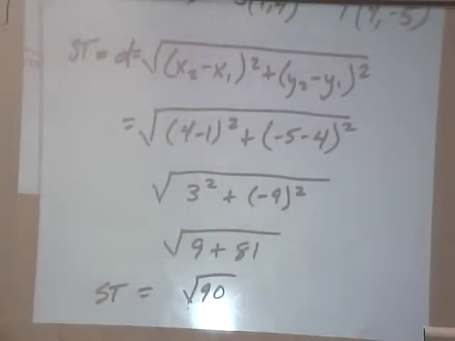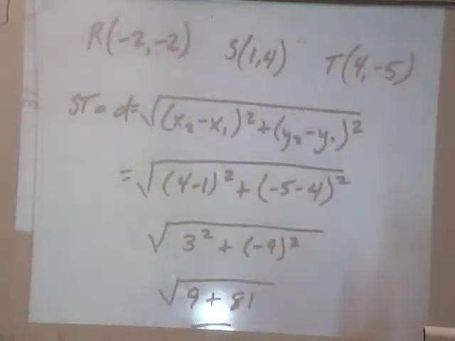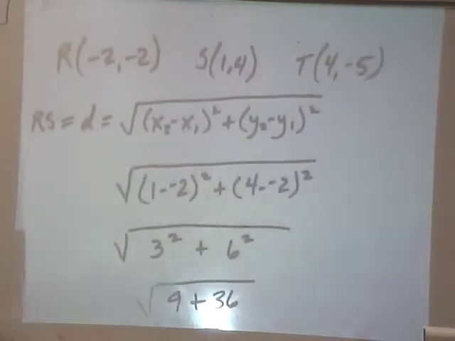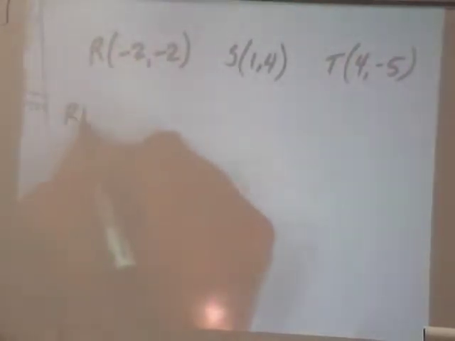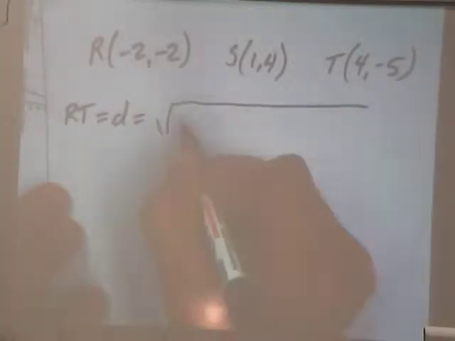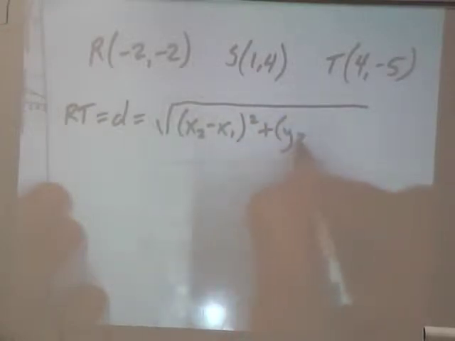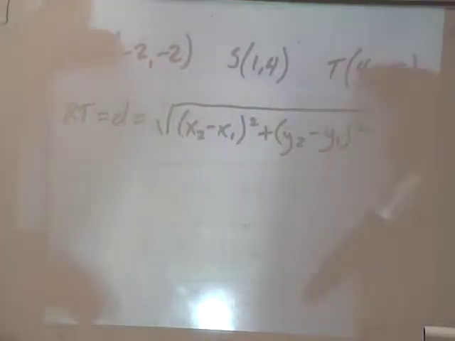So far we got two sides that are different, right? So we got to check the third side. What would the third side be? R to T, right? Well, remember we're doing R and T now.